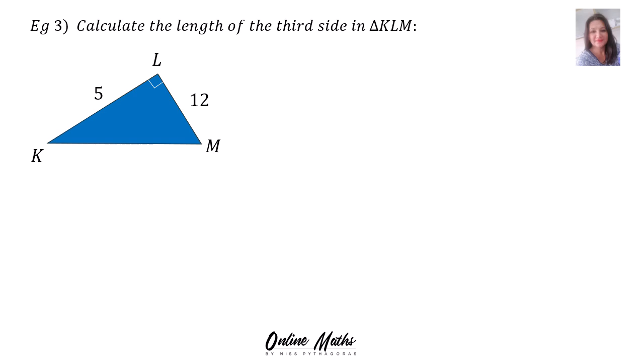Example 3. Calculate the length of the third side in triangle KLM. Therefore, we are looking for KM. Again, it is the hypotenuse. Now this one, I didn't add in little l, little k, little m, because I want to show you that you can still use the length of the sides as it was given.